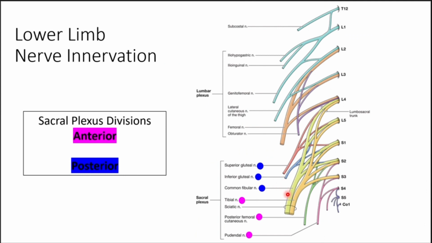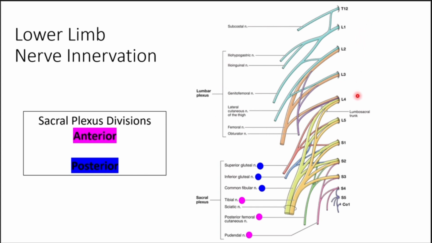The lower limb receives sensory and motor innervation from the ventral primary rami of L1 to S4 via the lumbar plexus and the sacral plexus. The lumbar plexus originates from ventral rami of L1 to L4.